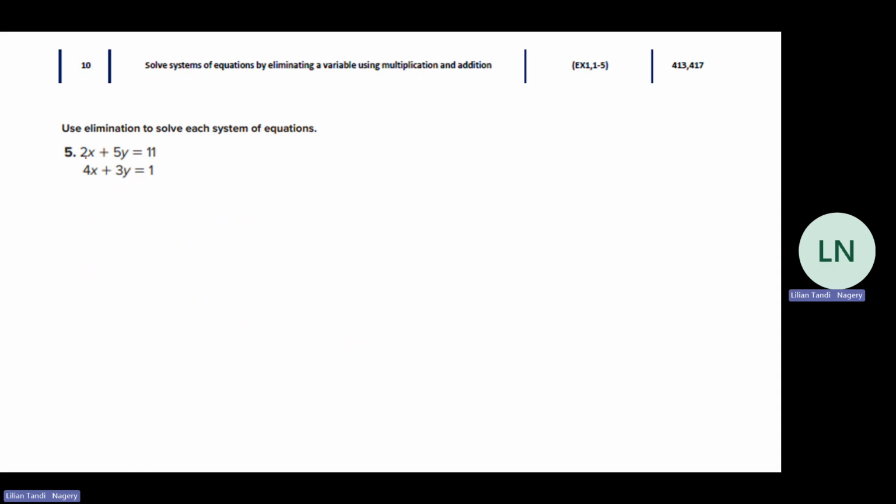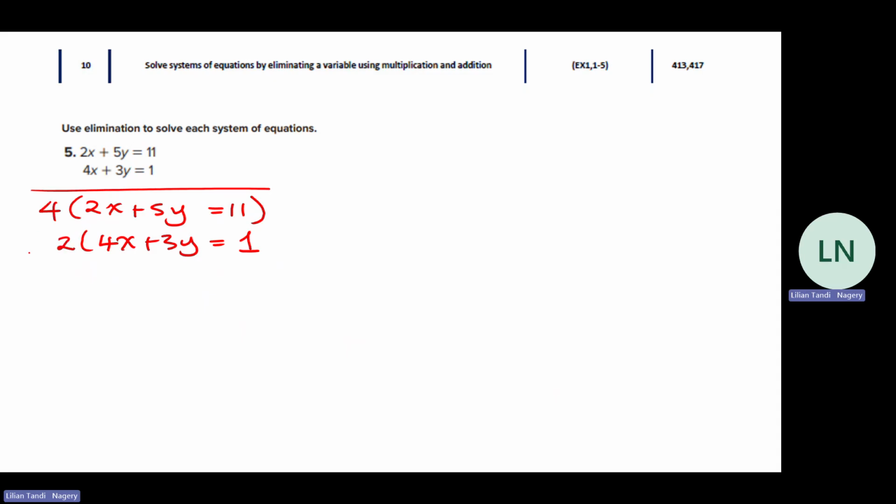Then you come here, same thing. Oh, I don't have a variable that has the same rakam, so I will use parentheses. 2x plus 5y equals 11. And 4x plus 3y equals 1. I will eliminate x. I will put here 2.